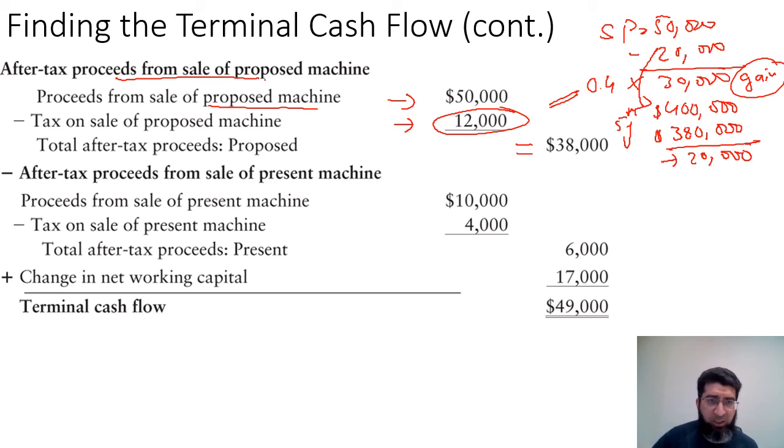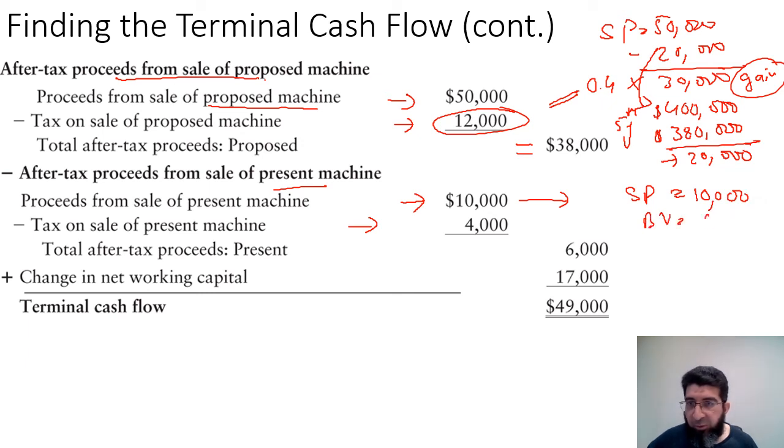Let's look at the second part. After tax proceed from the sale of the present machine. So proceed from the sale of the present machine is $10,000 and tax on sale of present machine is $4,000. And this is pretty straightforward because the sale price is $10,000 and the book value of this asset is 0.